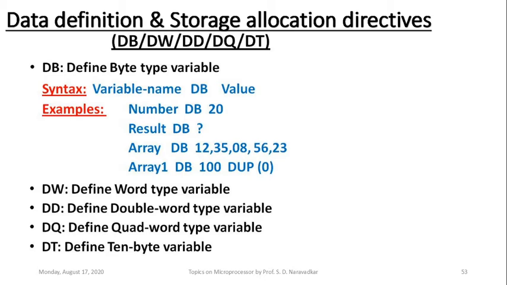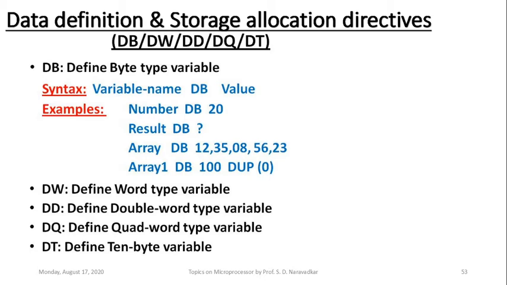Okay, normally that defines 10 bytes. This particular assembler directive will be used along with the programming of the 8086 CPU along with the NDP 8087.